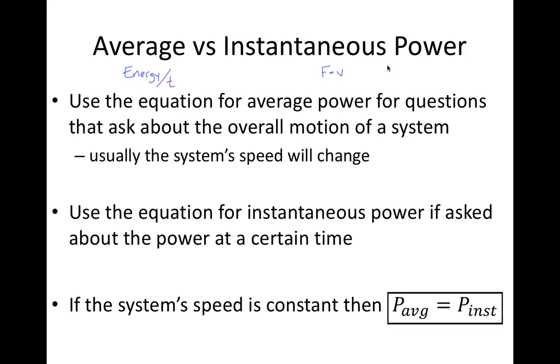Now, in the special case for a constant speed, well, then average power and instantaneous power are the same value. The power being delivered is constant for a constant speed. Basically, in that case, the energy in is the same as the energy out. So in the case where the speed is constant, you could really use either form because they are equivalent.